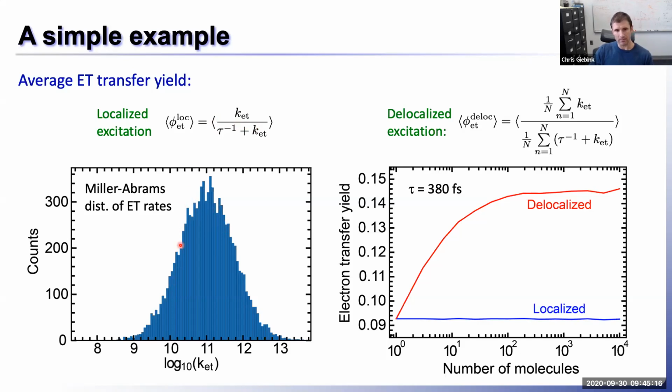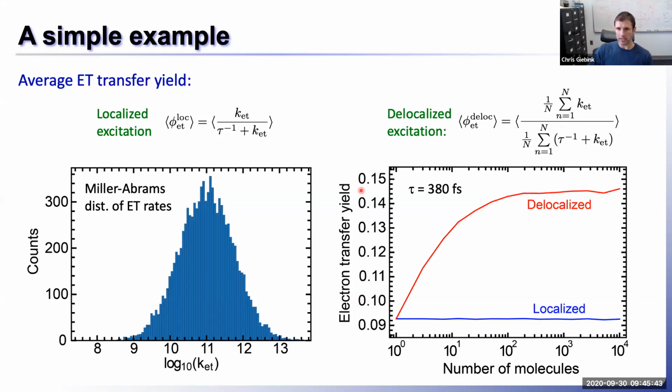So we can make a guess at this just based on Monte Carlo type hopping models that describe the conductivity of organic semiconductors. So for example, it's centered around 10 to the 11 per second with plus minus an order of magnitude or so in breadth. And we compare that to a delocalized excitation where we delocalize over n different molecules. So we essentially get a contribution of 1 over n of their electron transfer rates.